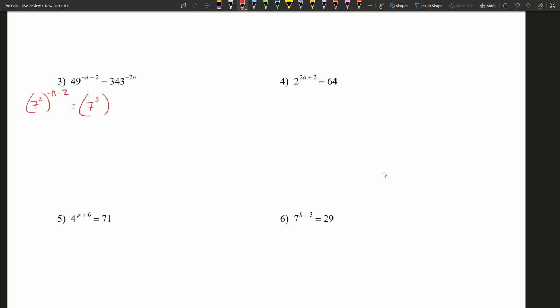And that's being taken to the power of negative 2n. Then we have to simplify those exponents. So when we have a power of a power, we multiply. So this is really 7 to the negative 2n minus 4. And the right-hand side is 7 to the negative 6n.